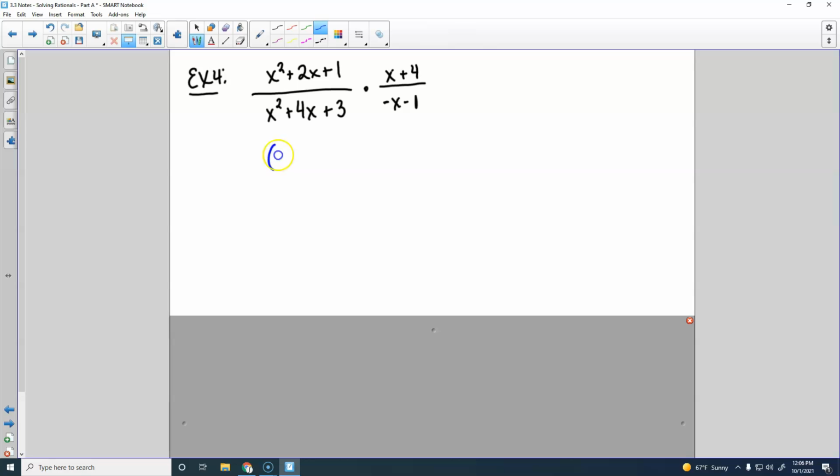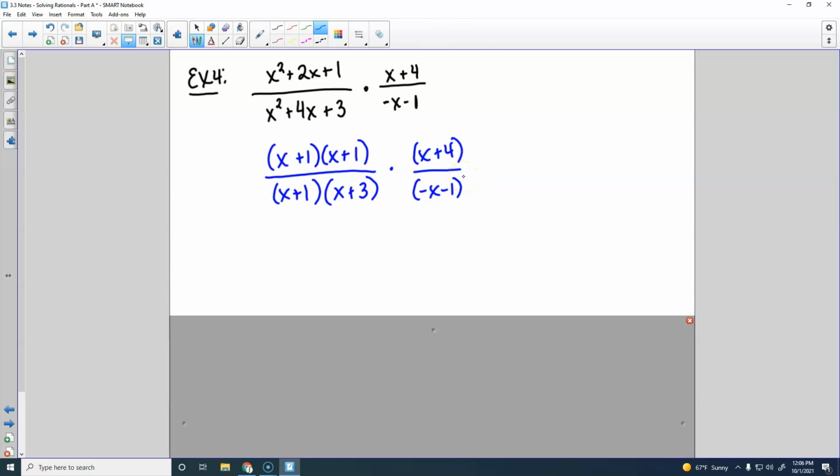So this numerator here factors into x plus 1, x plus 1. The denominator is x plus 1, x plus 3. And then I've got x plus 4 over here, and then negative x minus 1.